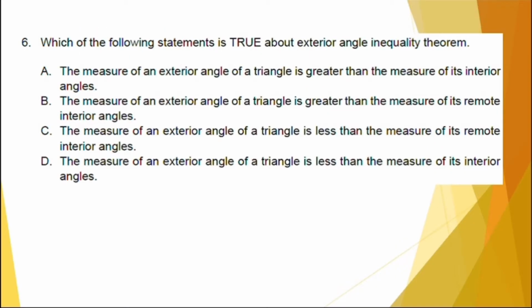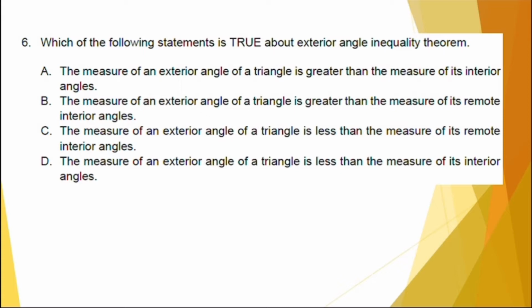Next, which of the following statements is true about exterior angle inequality theorem? A. The measure of an exterior angle of a triangle is greater than the measure of its interior angles. B. The measure of an exterior angle of a triangle is greater than the measure of its remote interior angles.